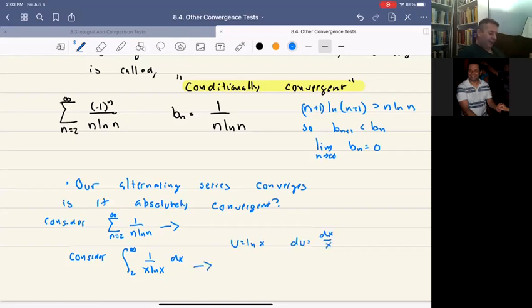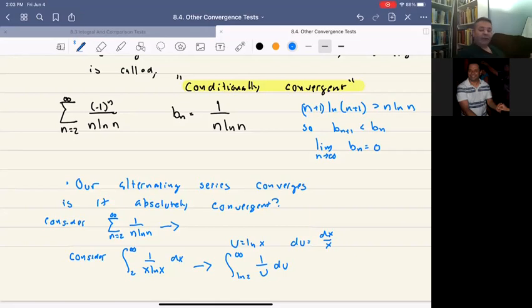So this is going to become the integral from natural log of 2 to infinity of 1 over u du. Yeah, because I'm doing it from 2.